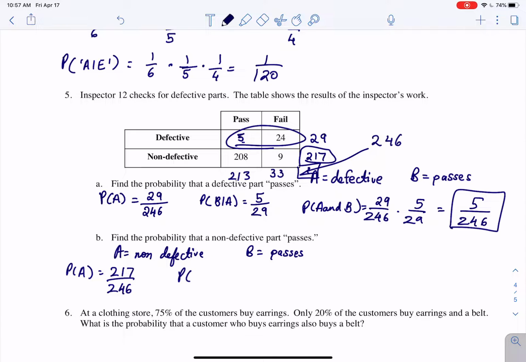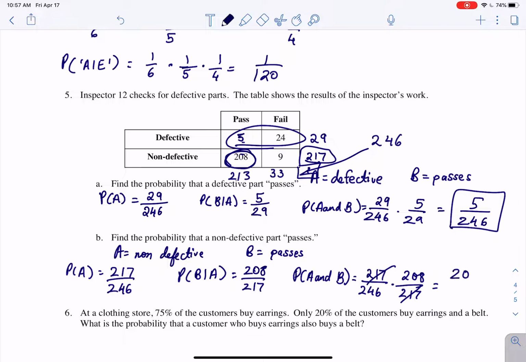And then for it passing, given that it's not defective, well, 208 passed out of the 217 not defective things. And so the probability of A and B is 217 over 246 times 208 over 217. The 217s cancel, we get 208 over 246.